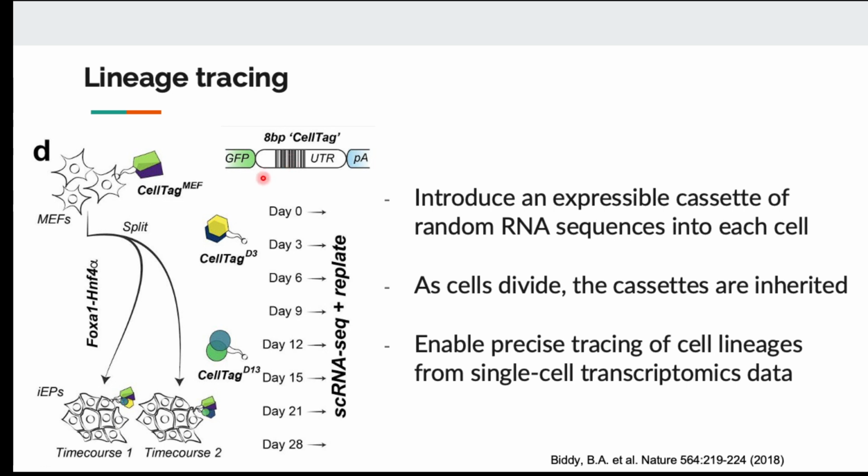So you can map which cells are related by looking at the similarity in this region. So you can trace how the cells change, how the expression changes over the generations in response to your treatment.